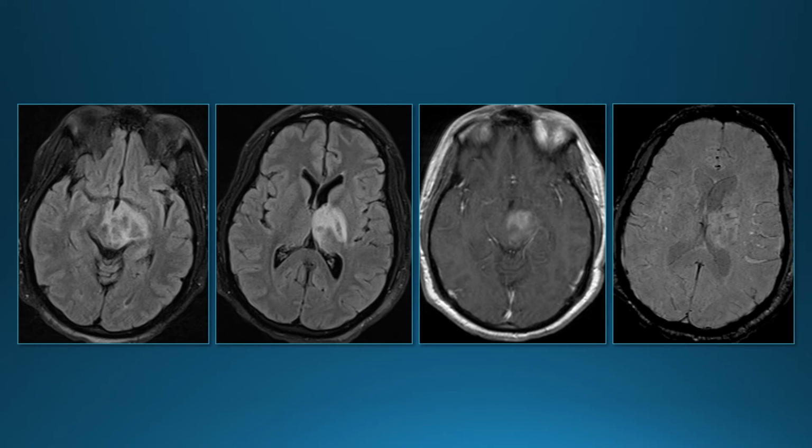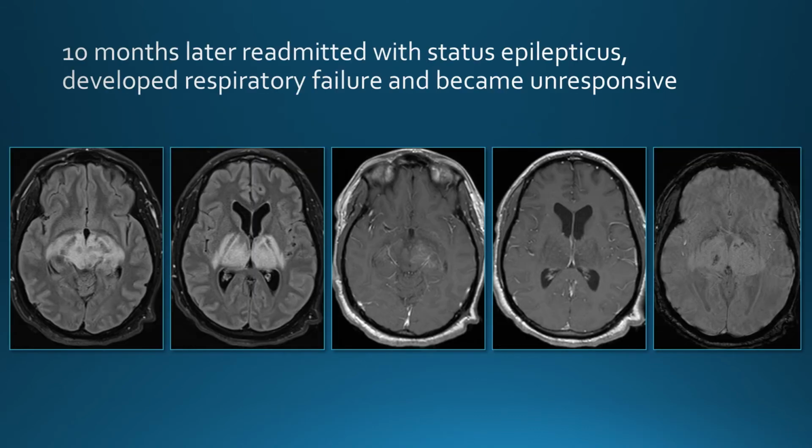So here's this patient that we showed with the lesion in the midbrain and the thalamus. 10 months later, he was readmitted in status epilepticus. It became unresponsive. Now, much more extensive involvement, midbrain, bilateral thalami, only a little bit of enhancement.